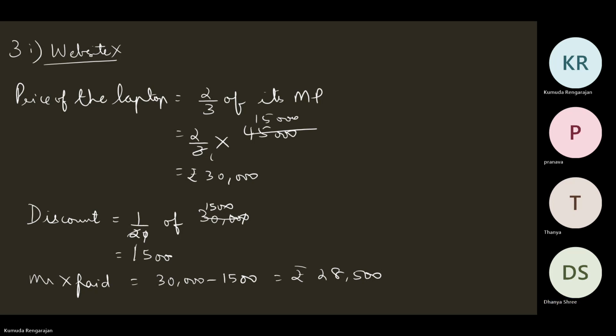Yes, ma'am. So what is two-thirds of the marked price? Two-thirds meaning 2 by 3 of the marked price, 45,000, correct? Yes, ma'am. So that works out to 30,000.